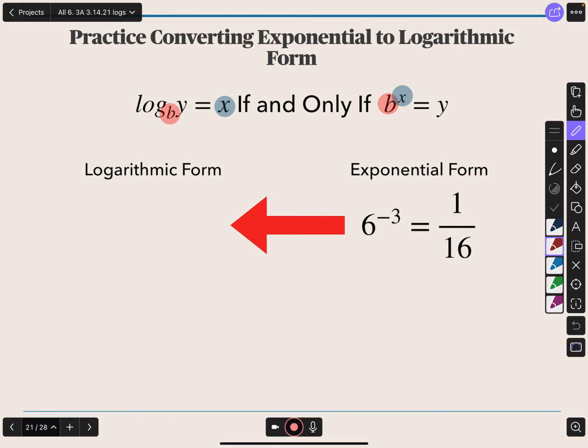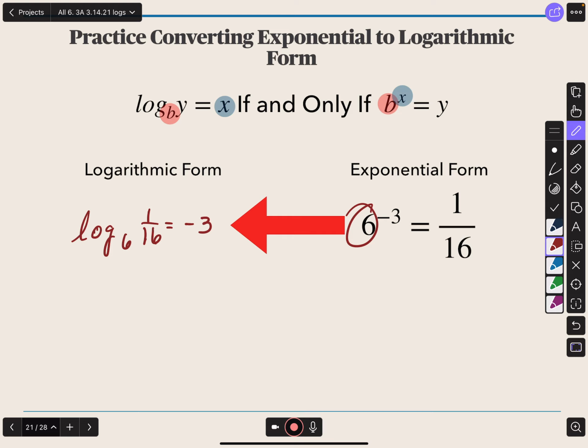One more. Logarithm base 6, because that's the base of the exponential, of 1/16 would be equal to -3. And I do not believe that is correct.